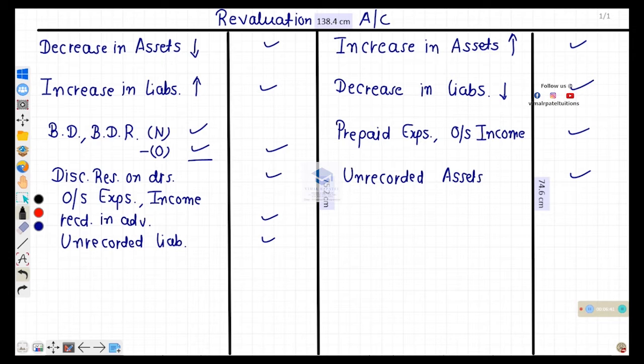So these are the effects of the adjustment due to increase and decrease in assets and liability. Then in the end, the revaluation account will be closed. If the total of the credit side is higher, the difference will appear on the debit side. That is called profit. And the profit will be transferred to the capital accounts of partners in the old ratio.